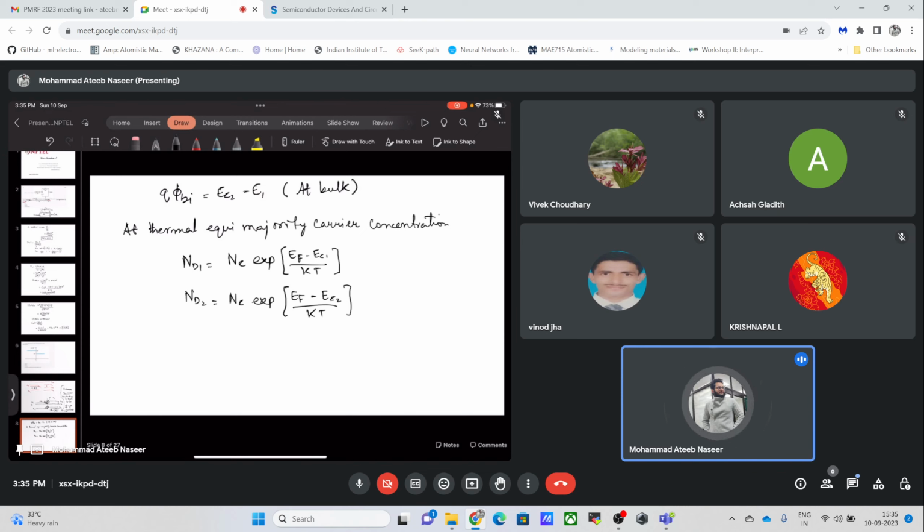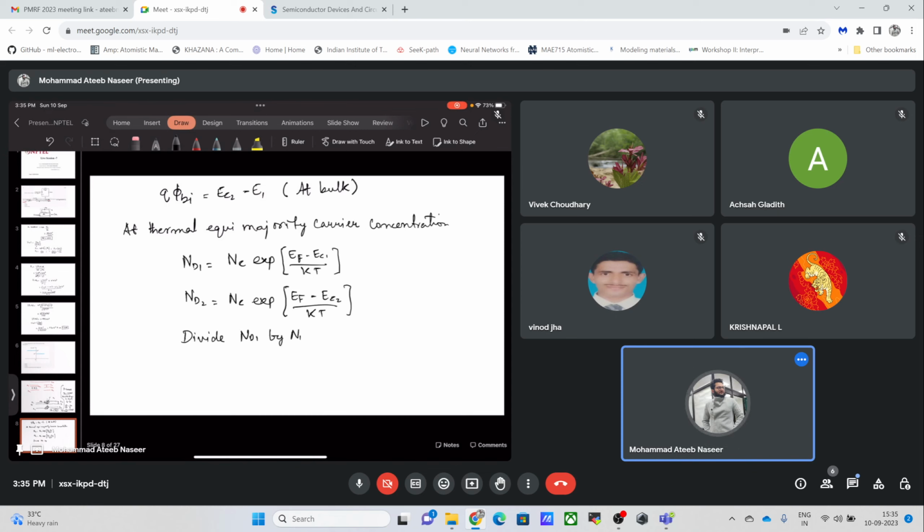From here you can clearly see that I have the difference between the conduction band and the Fermi level. Now we have to manipulate this expression in order to evaluate the difference in the two conduction bands. For that we can simply divide ND1 by ND2.